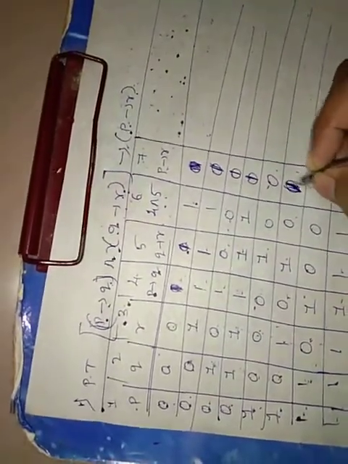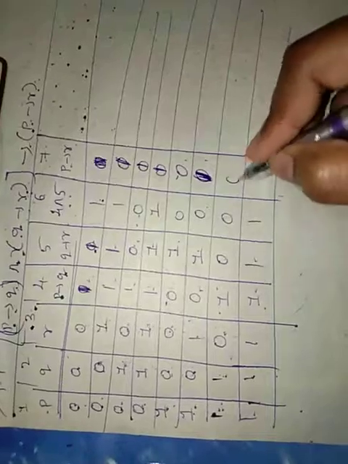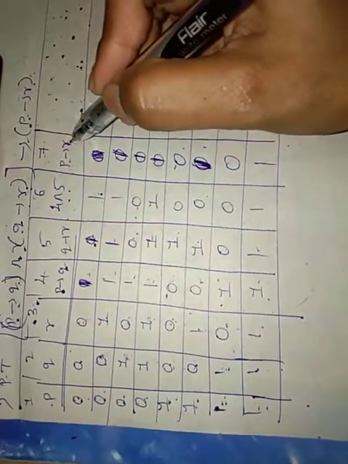Sorry, I am repeating it again. P implies R. Implies means only if P is true and R is false is it false, otherwise it is true in all other cases.